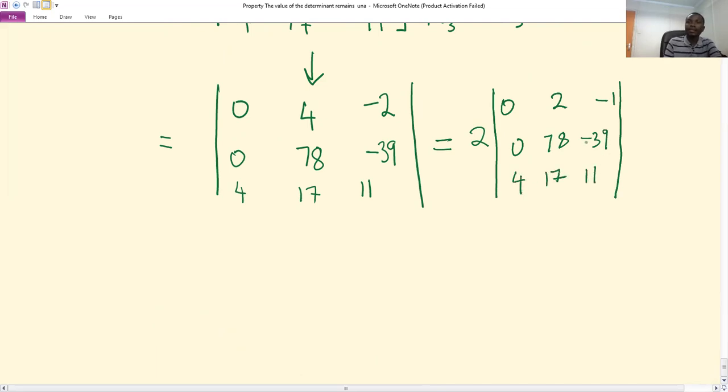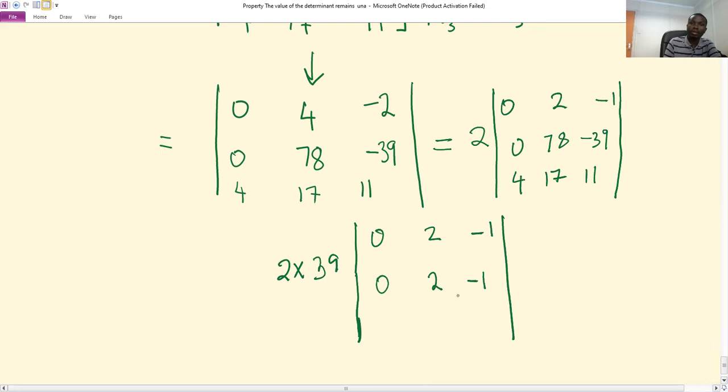And in this one, 39 is common, so I'll have 2 times 39, determinant of 0, 2, minus 1, 0, 2, minus 1, and then 4, 17, and then 11.